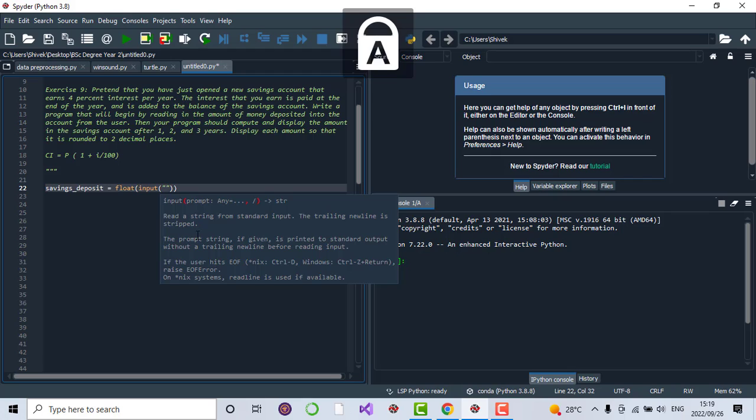We are doing float because, what if the user decides to invest 1 rand and 50 cents, or 1,000 rand and a decimal value? So just to be sure, input, and we'll request: please enter the savings amount.